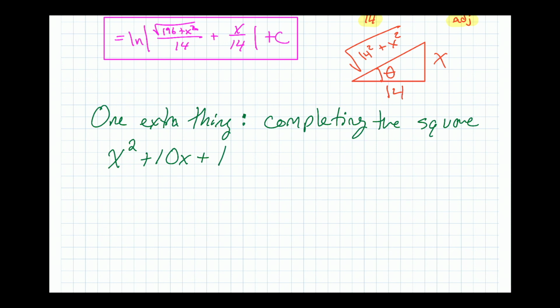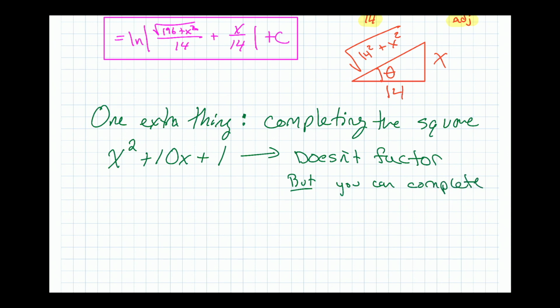Now, if you were trying to factor this, it would not factor. It doesn't factor. You can try. At least I hope it doesn't, because I don't want it to. Right? It doesn't factor. Okay? But you can complete the square. What is completing the square?